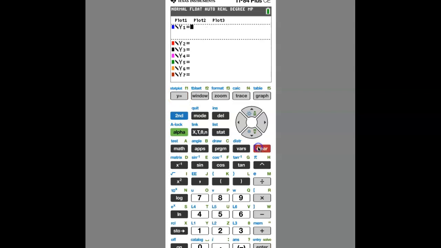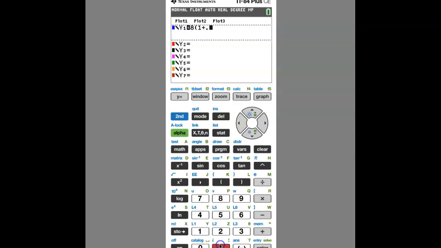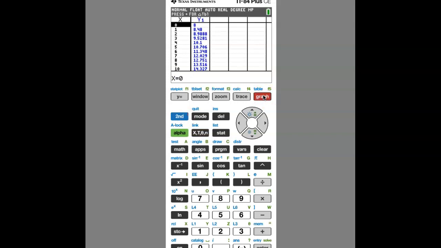We need an equation in here. We want 8 times 1 plus 0.06 and our power is going to just be our unknown x, and then we're going to go to our table, second graph, and look, we want to hit $10.